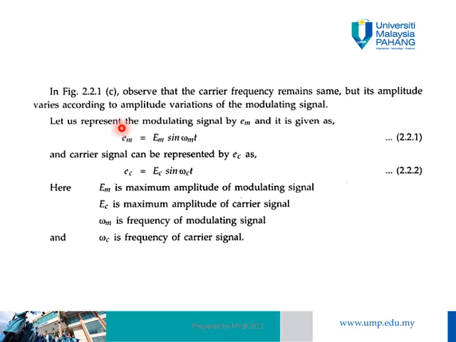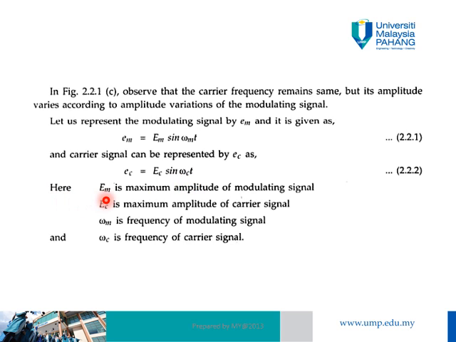Let us represent the modulating signal by eM, given by the sine wave equation eM equals EM sine omega m t, and the carrier signal by eC equals EC sine omega c t.